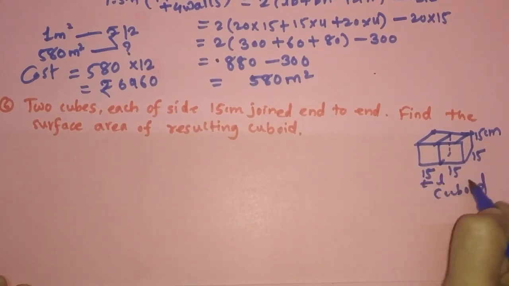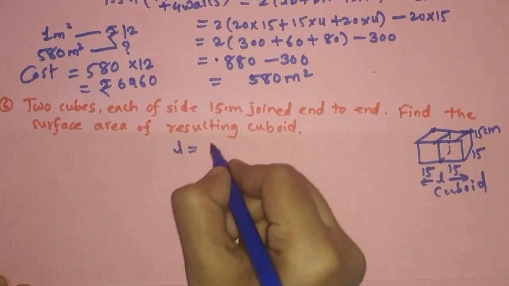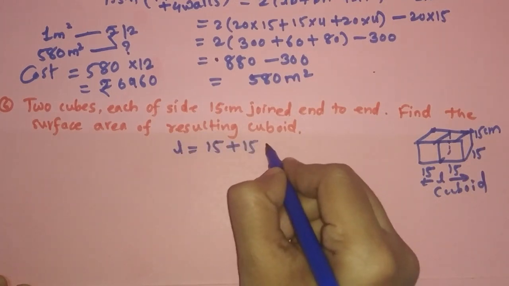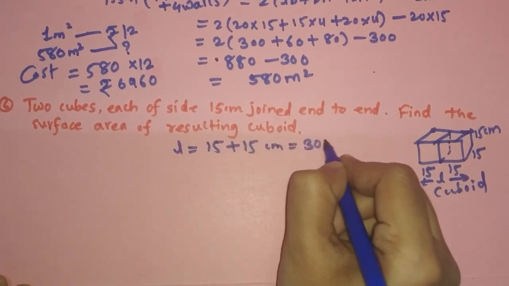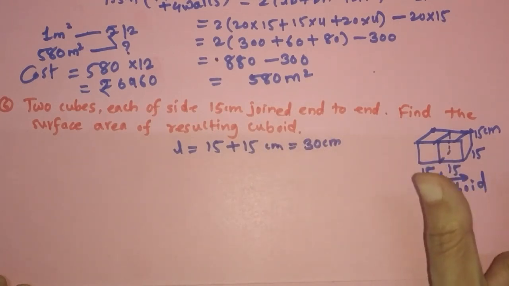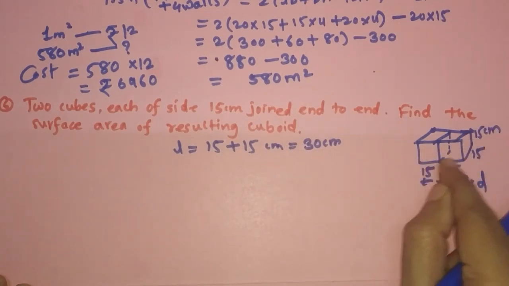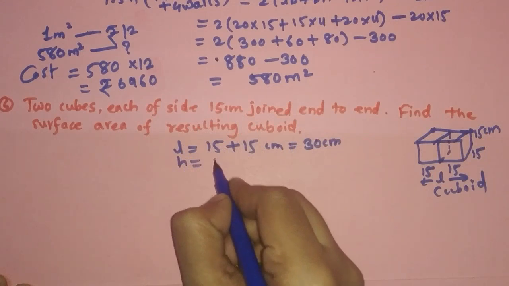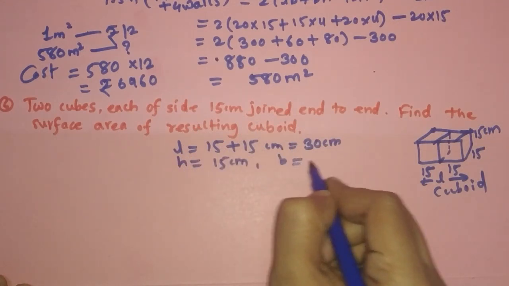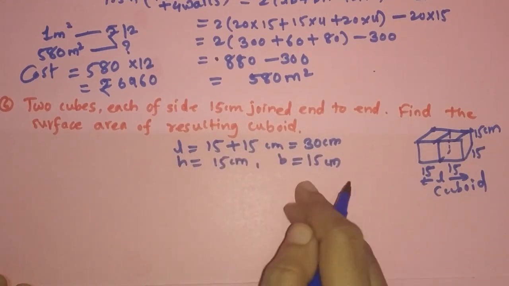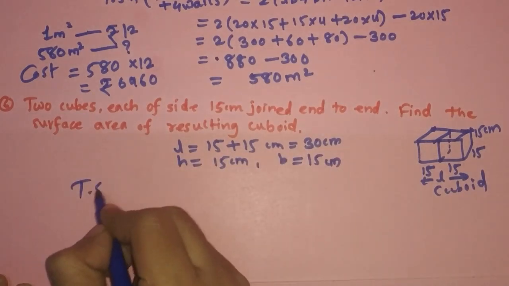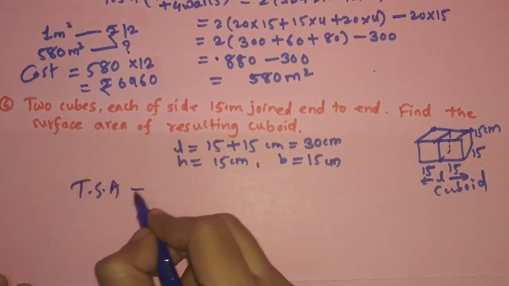In order to get the length, we'll add 15 plus 15 centimeters. So you'll get 30 centimeters, because the 2 cubes are joined end to end. The height is also 15 centimeters and the breadth is also 15 centimeters. So friends, we have to find the total surface area of the cuboid.